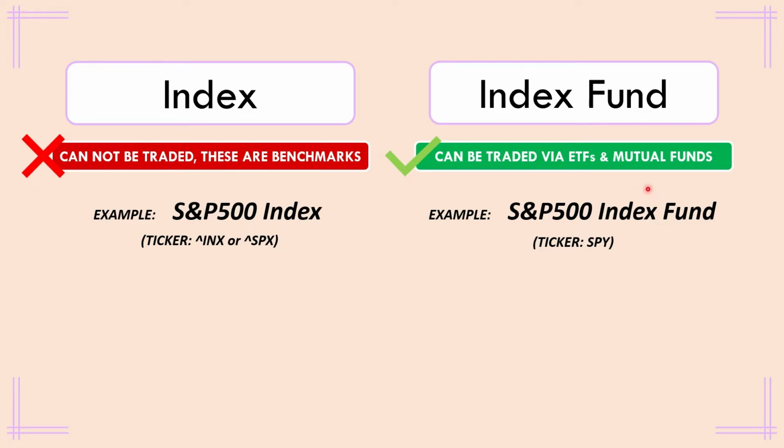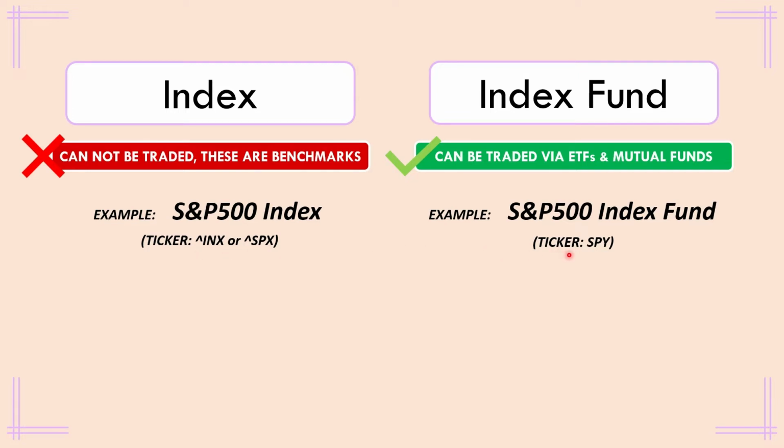So the only difference there is S&P 500 index, S&P 500 index fund. The other difference, you can see the little up arrows before the ticker symbols. This means that these are not tradable, that these are just index or indices.